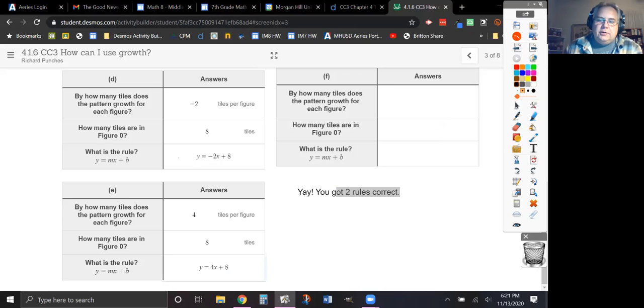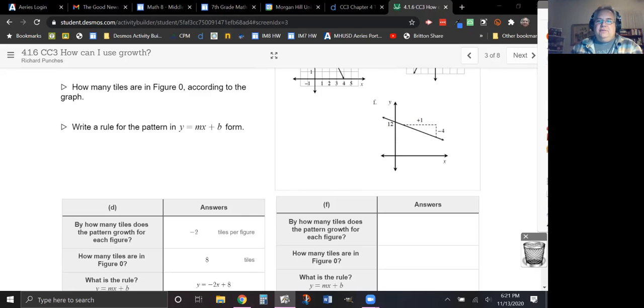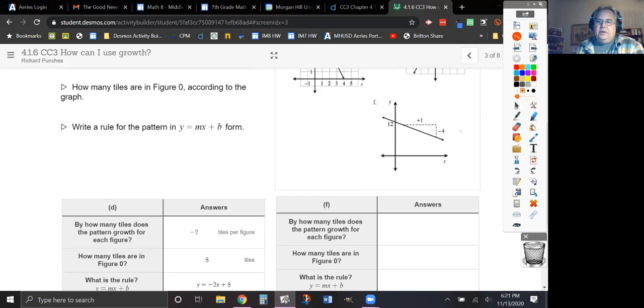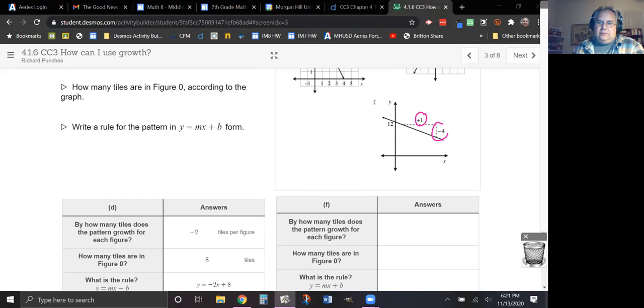All right, so now part F. Part F is another one of the ones that I think are easier, but because you're not seeing the grid, some people panic a little bit. Well, we don't have to. It's telling us that when we change 1 figure, we're going to lose 4 tiles. So the m value must be -4 and the b value is where we started at, 12.